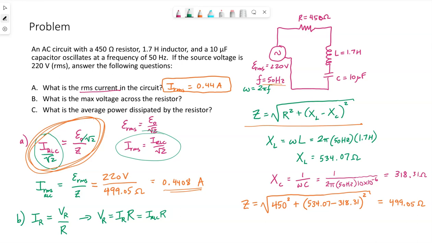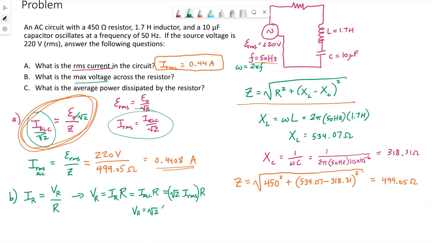Okay, since we want the maximum voltage, but I have RMS current, I can multiply RMS by the square root of 2 to get the peak current, then multiply by our resistance, and we will have this peak voltage.